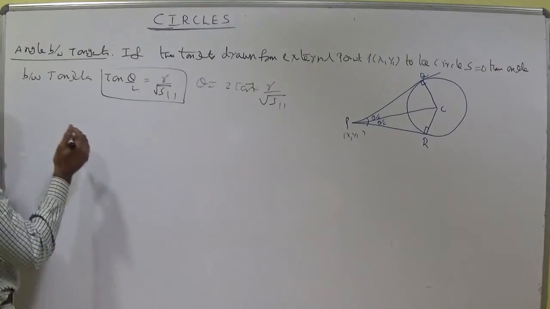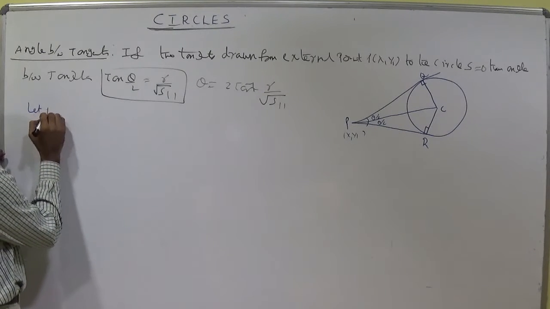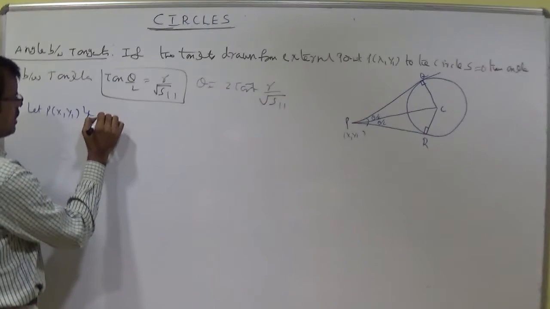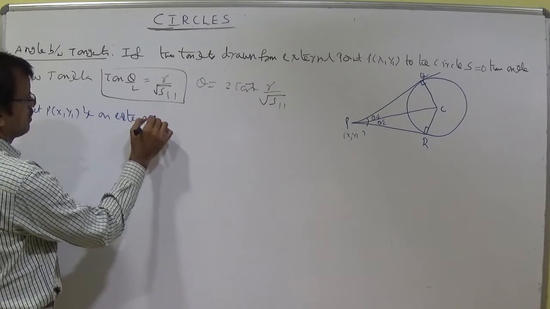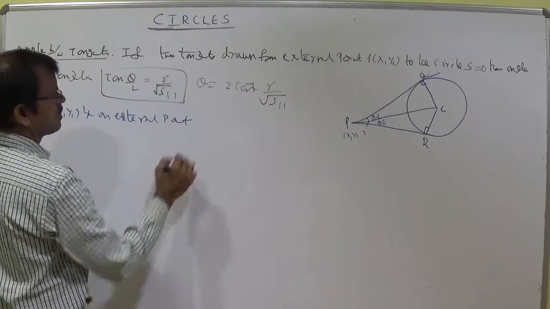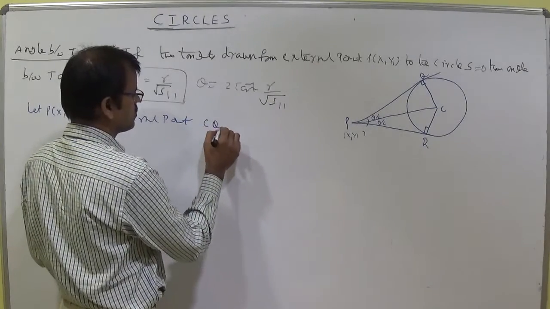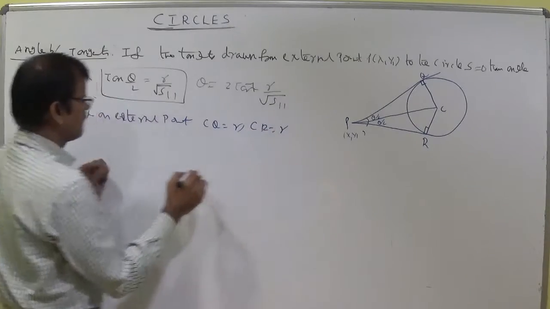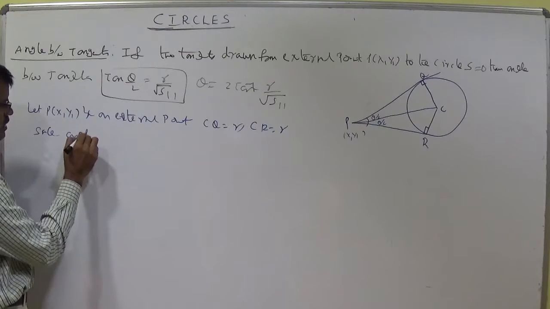Now, writing the description. Let P(x1, y1) be an external point. CQ = r and CR = r.